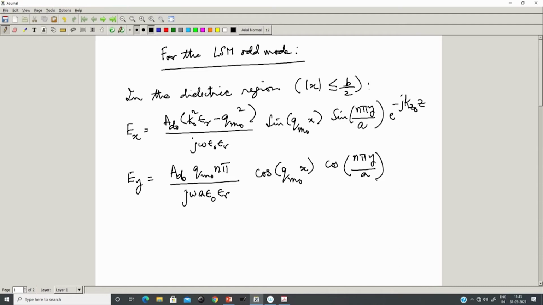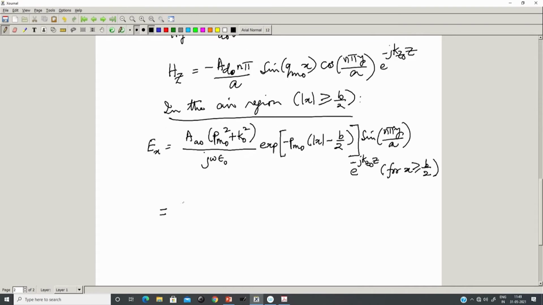So, similarly cos n pi y by a e to the power minus j k z naught z.